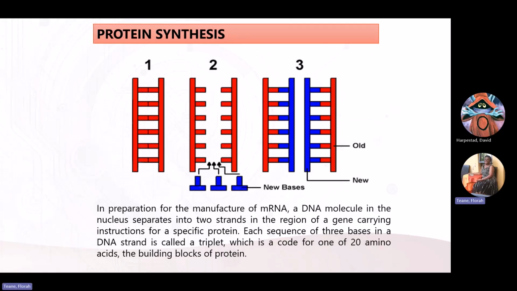We have the ER, endoplasmic reticulum. And in the ER, some of them have some little dots called ribosomes. It is in the ribosomes where proteins are formed. So proteins are formed in the ribosomes.